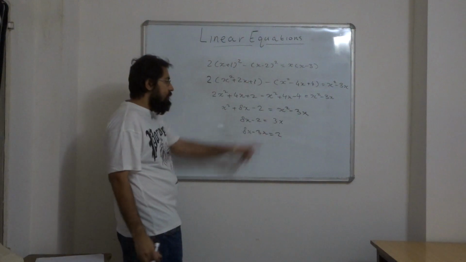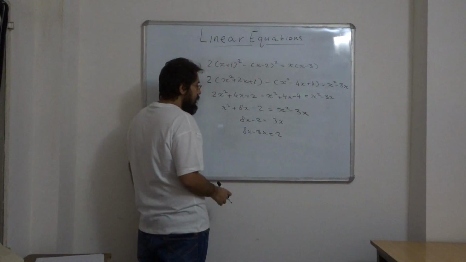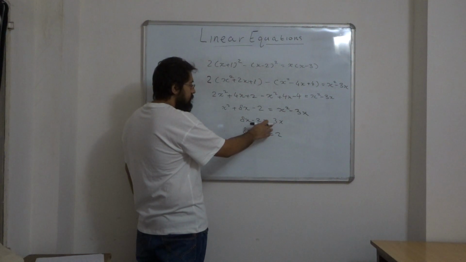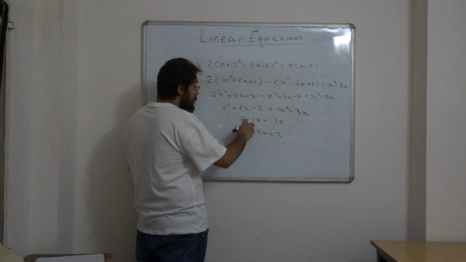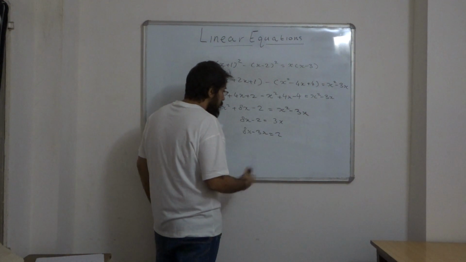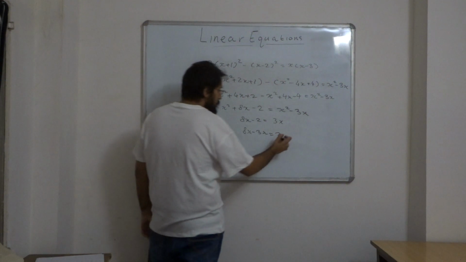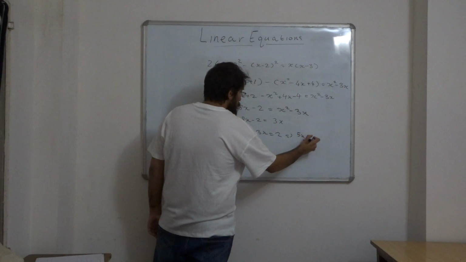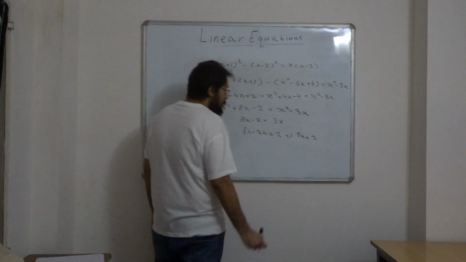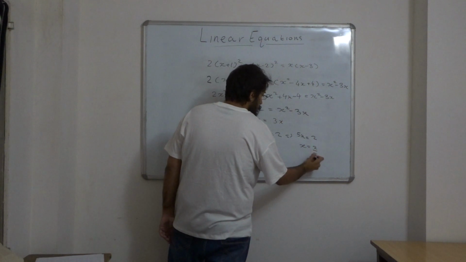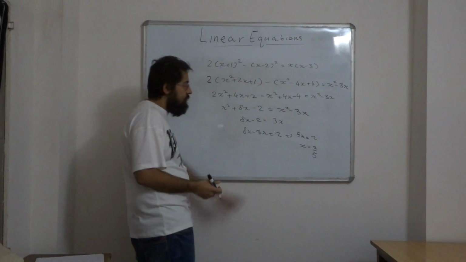There's nothing in front of the 3, it's positive; it comes on this side, it becomes negative. Then the negative 2 on the left hand side becomes positive when it goes on the right hand side. So then you have 5x equals 2. So then x equals 2 by 5. So your answer is 0.4.